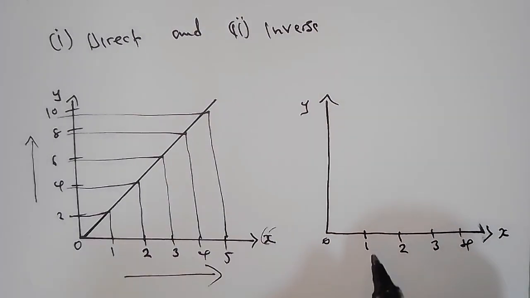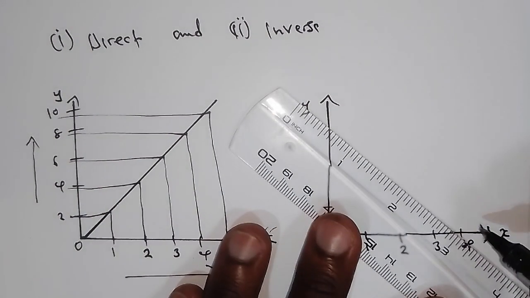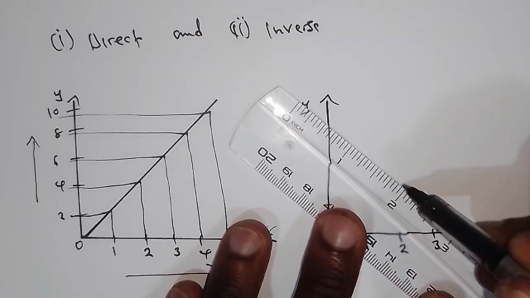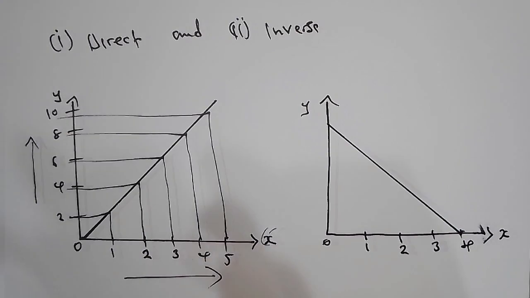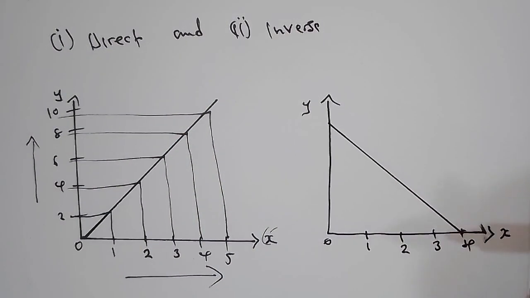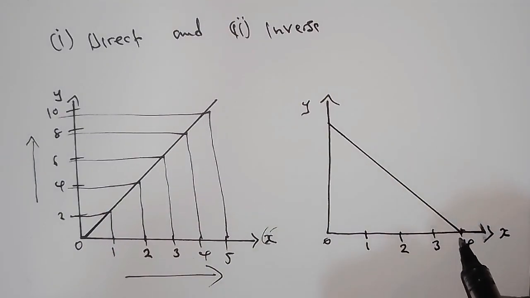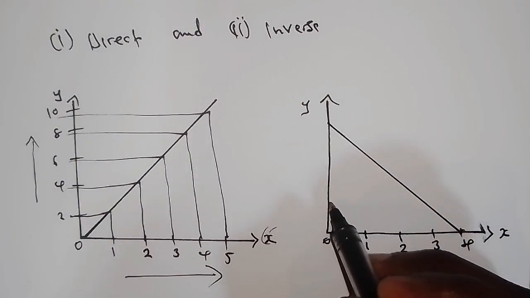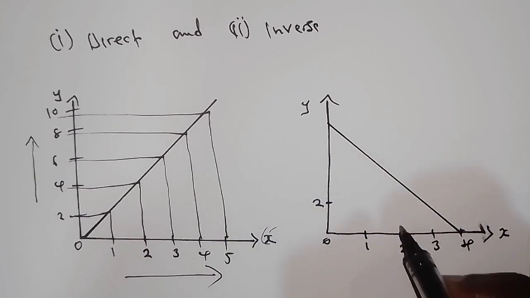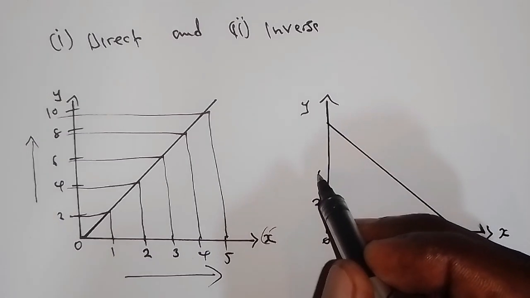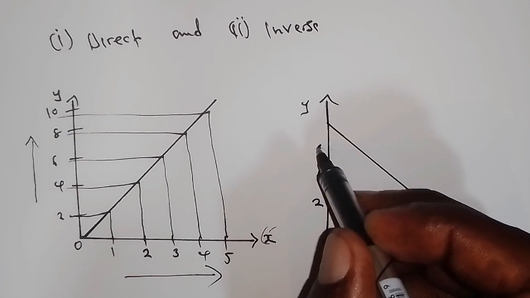And you can have a graph that moves in that direction. Let's say this is 2, and this is, let's say, 4, and this is, let's say, 6, for example.